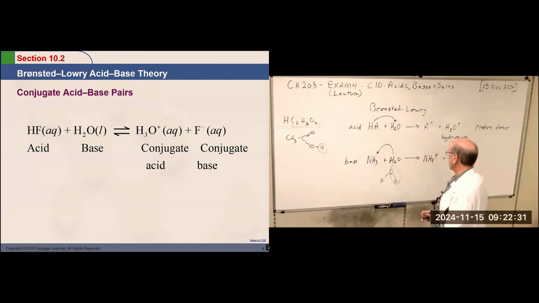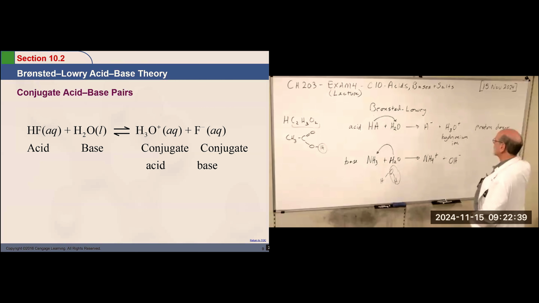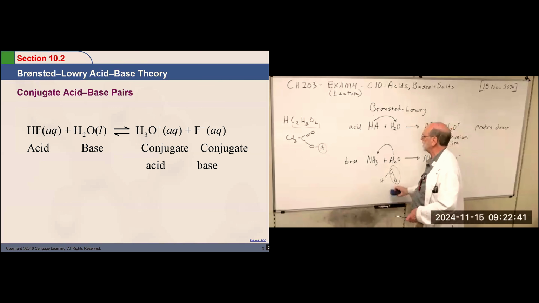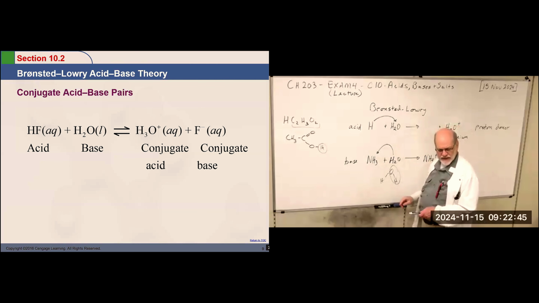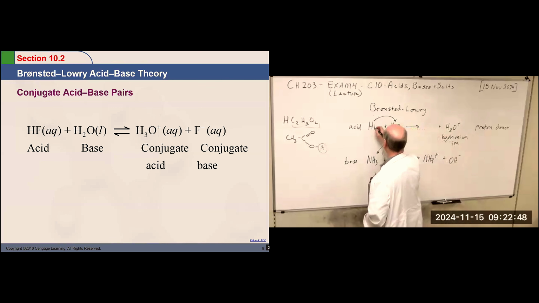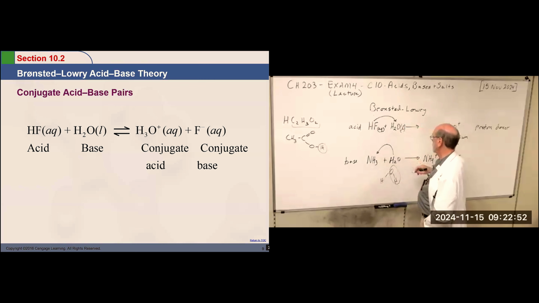All right. So we've got a definition situation here. Let's use, well, we can use the one that they just presented. Hydrofluoric acid, HF. All right, let's make it complete. This is a pure liquid.